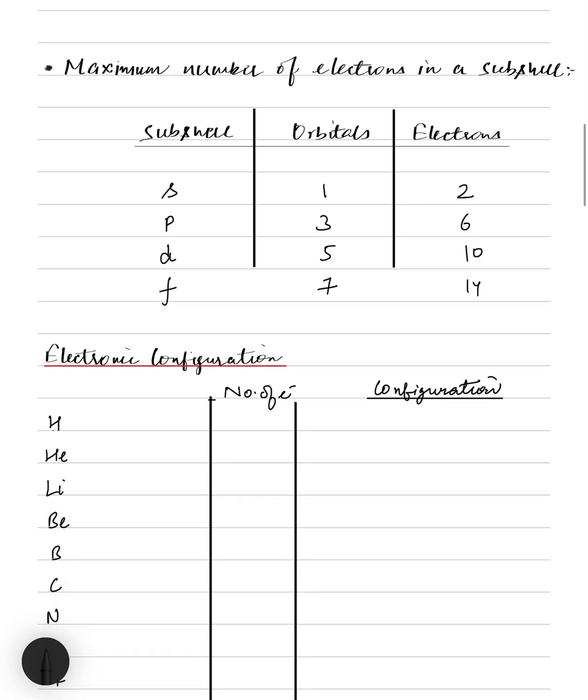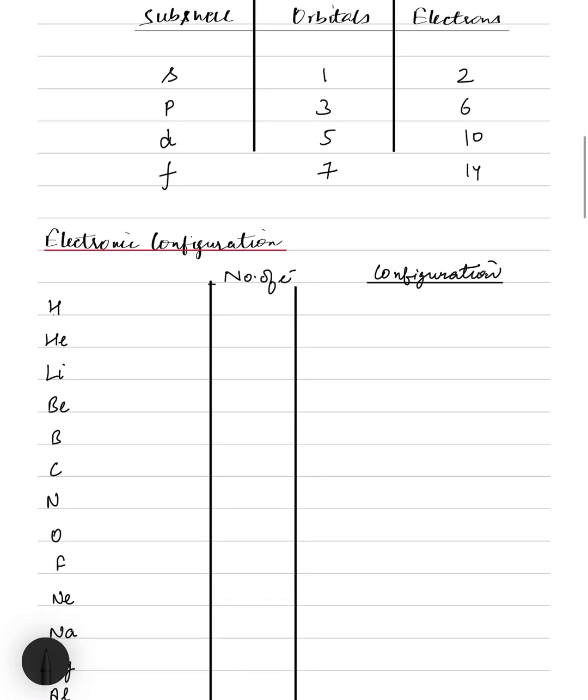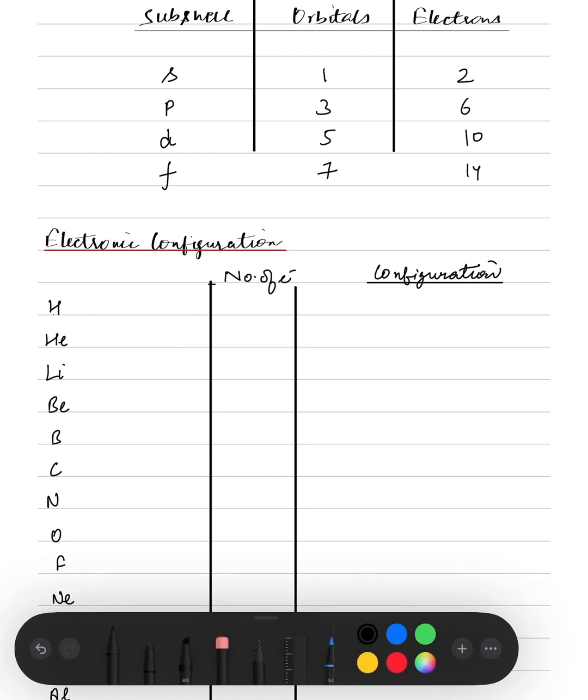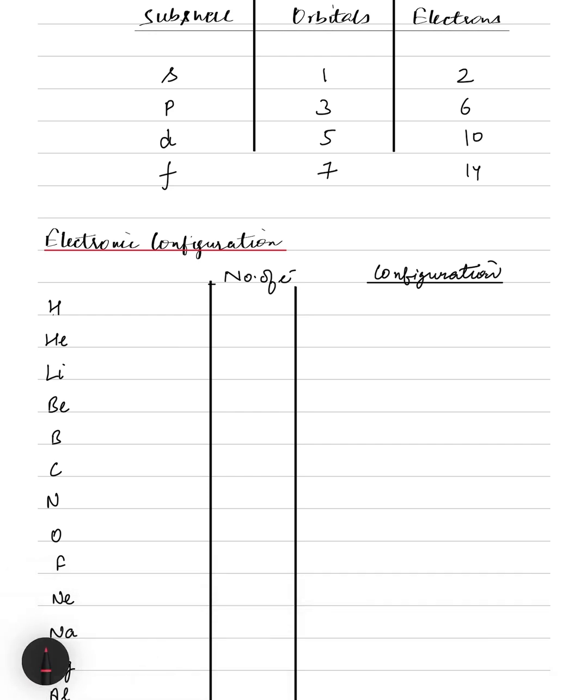Now, let's try to write the electron configuration. If we talk about hydrogen, hydrogen has only one electron, so the first electron will enter the 1s subshell. We'll write it like this, with the superscript 1.